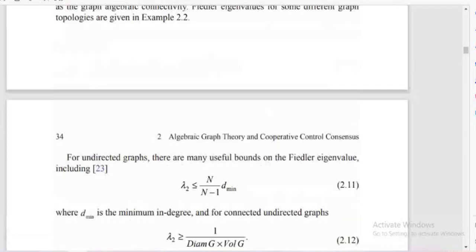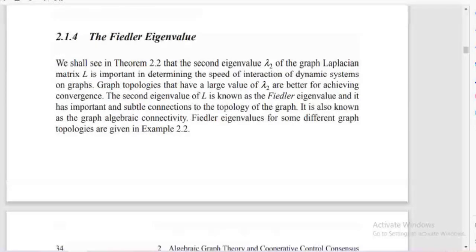And when the second eigenvalue, the distance between the first eigenvalue that is equal to 0 and the second one that is lambda 2, becomes big, this means that consensus of the system is very hard, because the topology of this graph may challenge us, and it's not good.